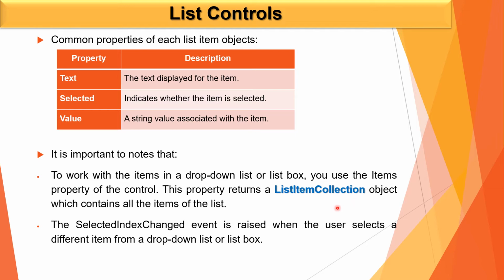The list item collection will take one editor, and that editor will work as a list of these items, and you can add any number of items in that list. The SelectedIndexChanged event is raised when the user selects a different item from a drop-down list or list box. Let us see the list item collection object.